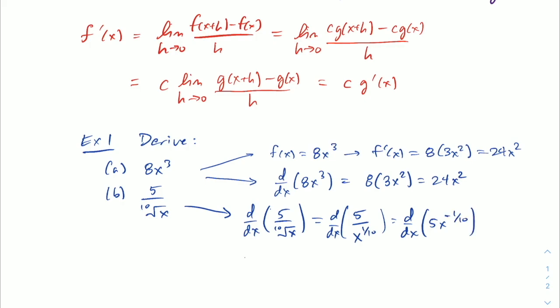And then I'll just use the power rule. So we'll get 5 times negative 1/10 x to the negative 1/10 minus 1, which we can rewrite as negative 1/2 x to the negative 11/10, or negative 1 over 2 x to the 11/10.